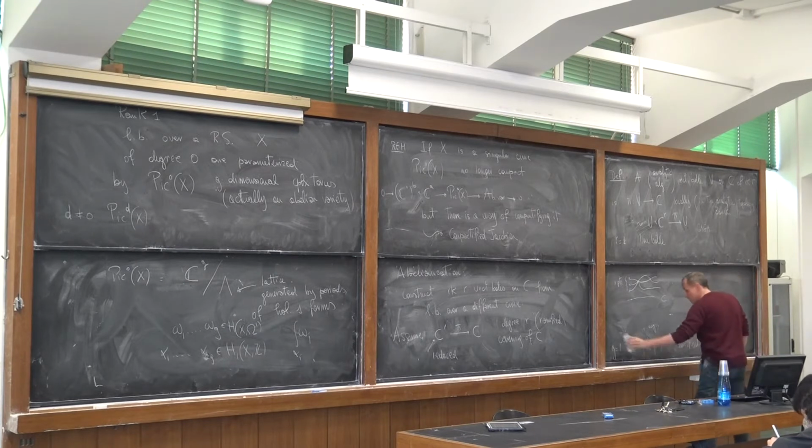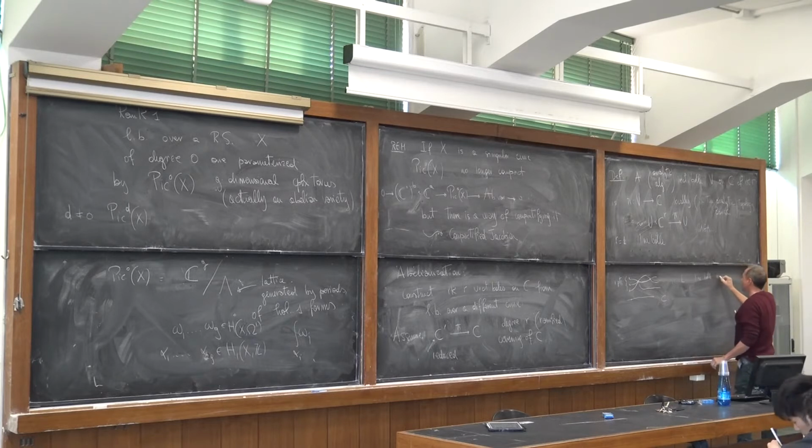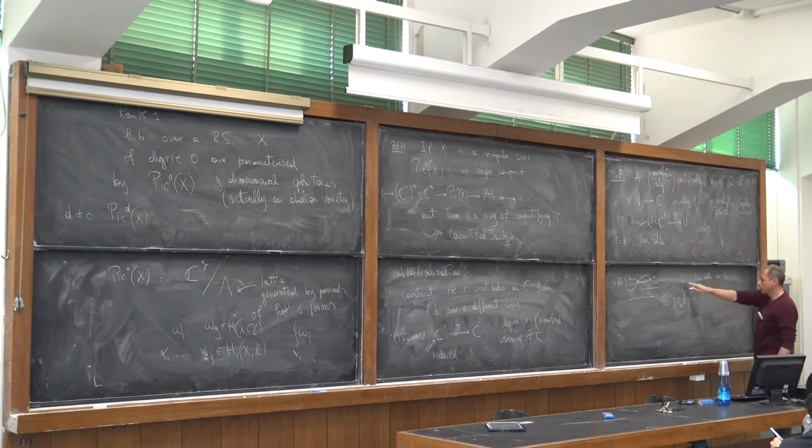Now, the idea is very simple. So, say that L is a line bundle on C prime, and define what is called the direct image of L over C. So over the point C, you take the direct sum of the fibers of L at the inverse images of C. Okay?